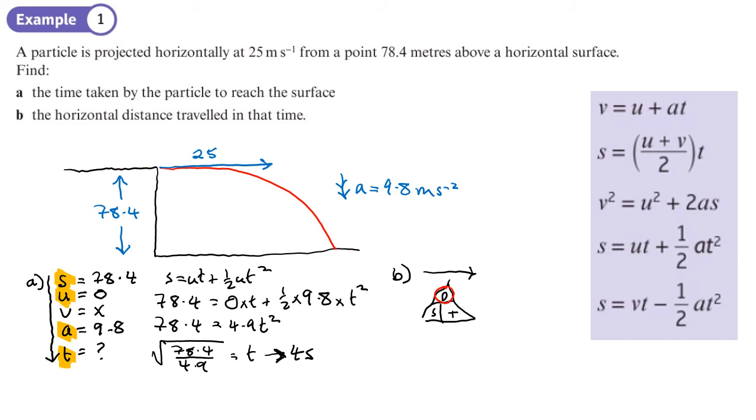All we need to do is take the speed, which is 25, times the time that we got from the previous section, which was 4. So it's going to be 100 meters for that distance. Let's highlight the answers. T is 4 for the first bit and 100 meters for the second. Nice straightforward answers for that question.